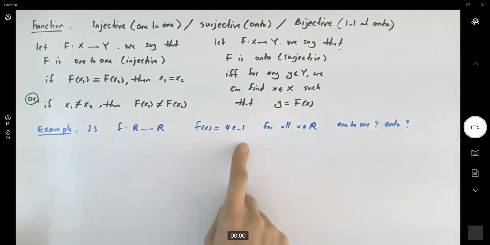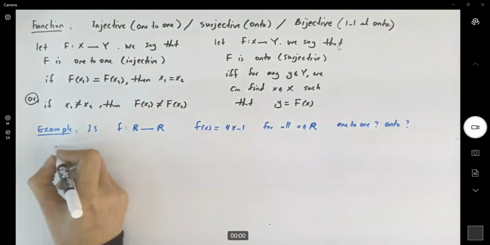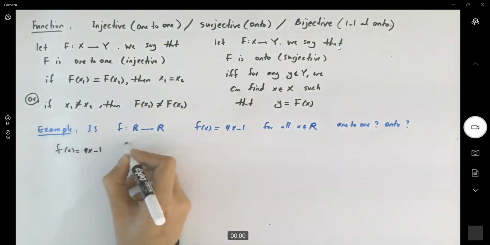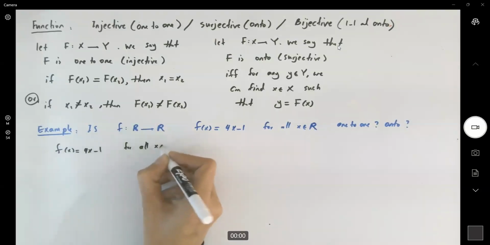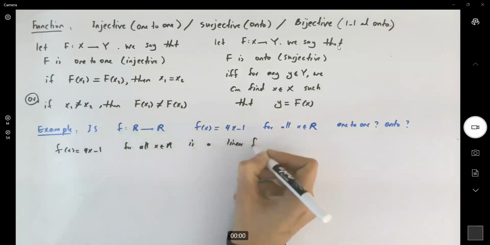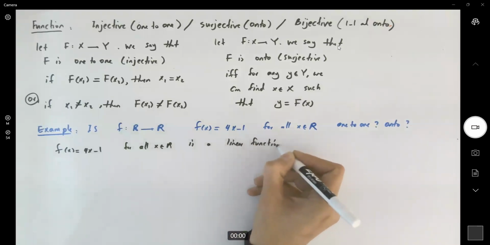This is just a linear function, all right? f of x equals 4x minus 1 for all x in R is a linear function.